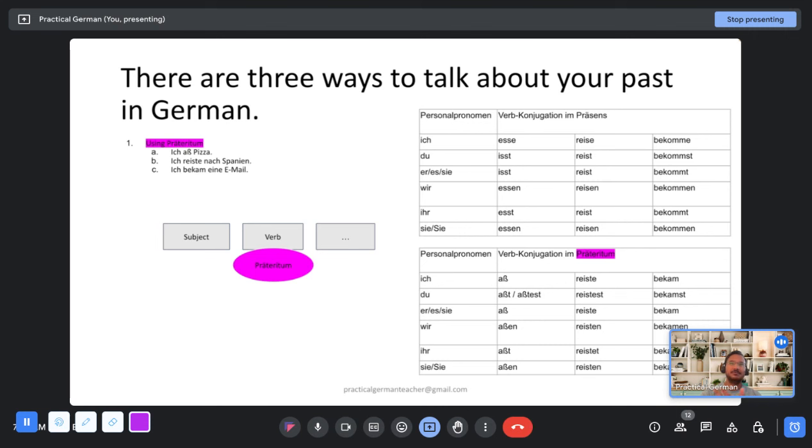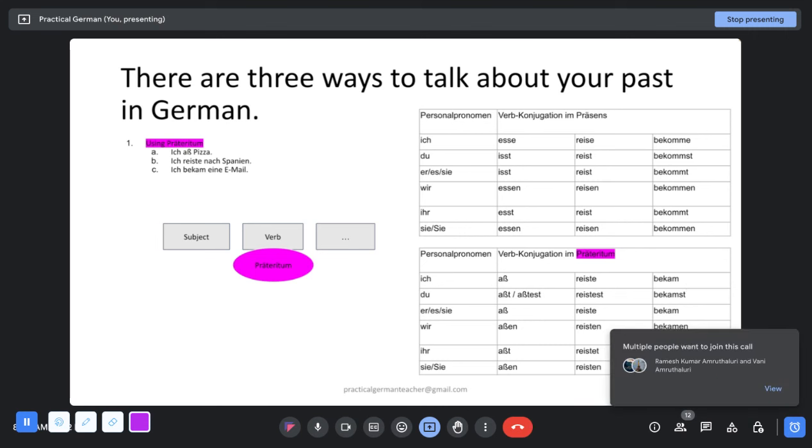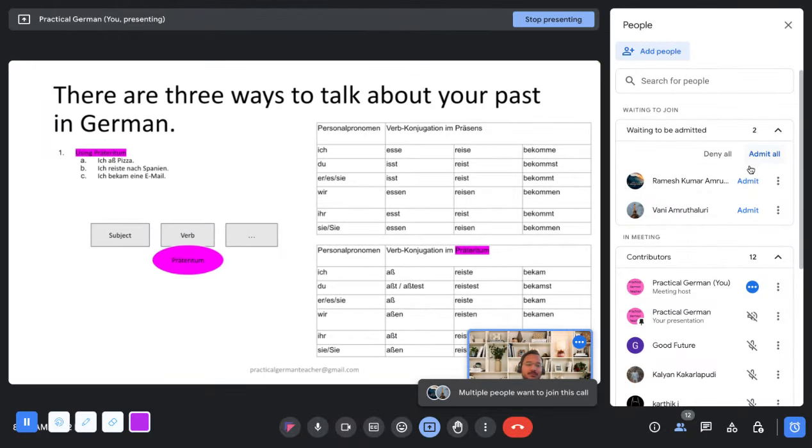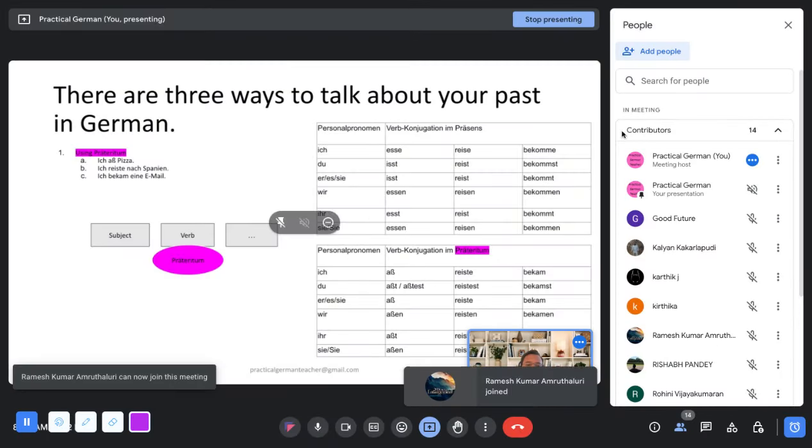So this is what I mean by Präteritum. I have never used essen in Präteritum. It's just too much. No one does that. So you can do the same thing.